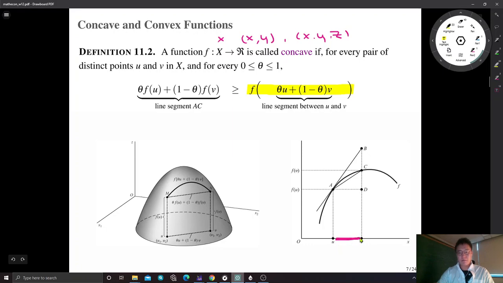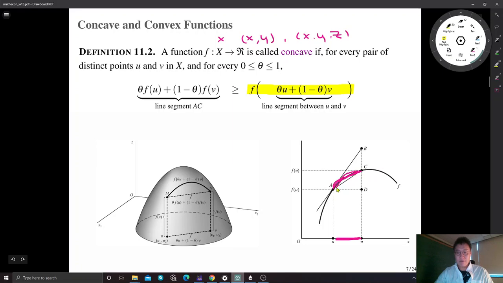By substituting a number for theta, we can represent any point on this line segment. So what is the right-hand side? That is the function's value at some point on the line segment between u and v. That corresponds to this graph, the function's graph.